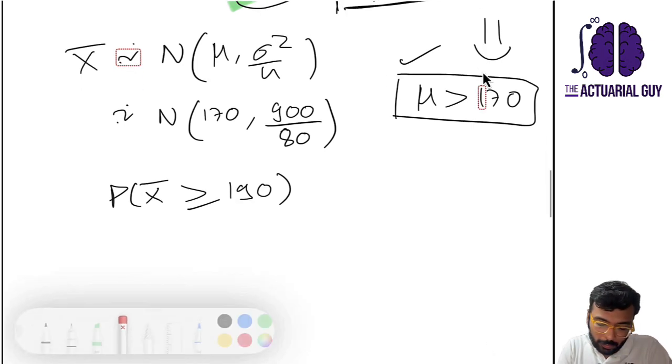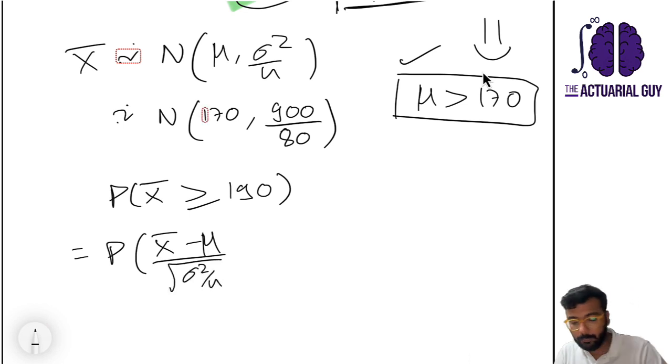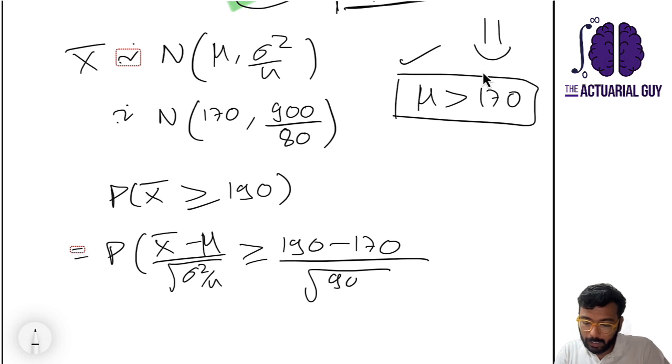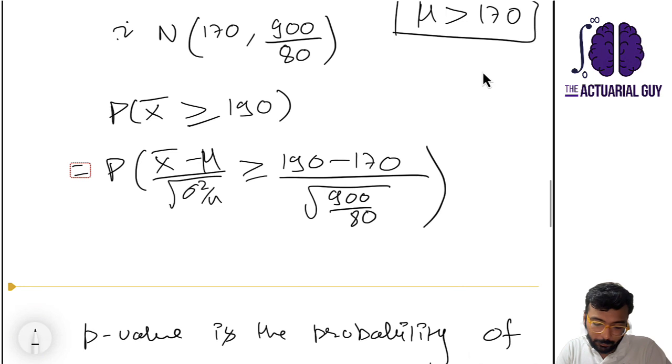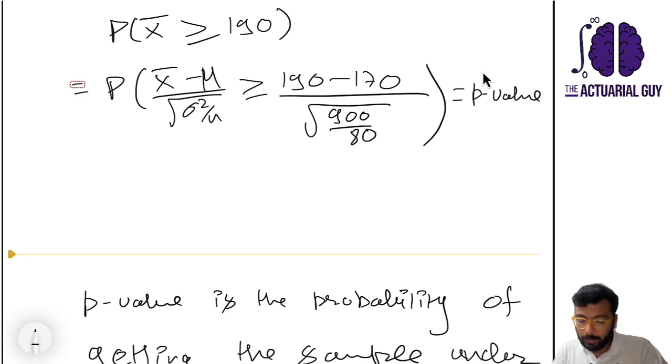It can just be calculated as the probability that (x bar minus mu) divided by root over sigma square by n is greater than (190 minus 170) divided by root over 900 by 80. This quantity is called the p-value. Okay, this entire thing is equal to the p-value, right?